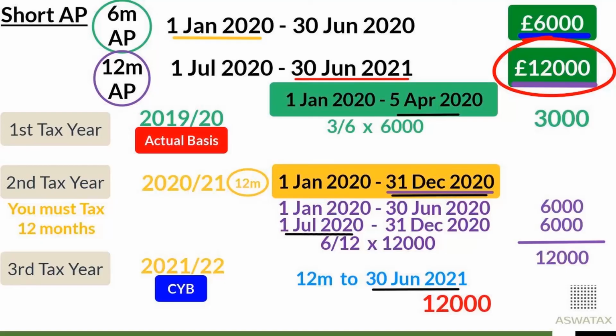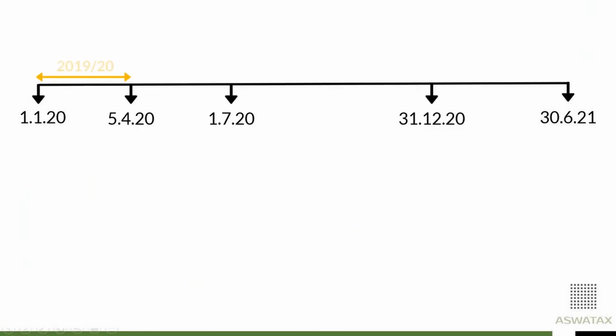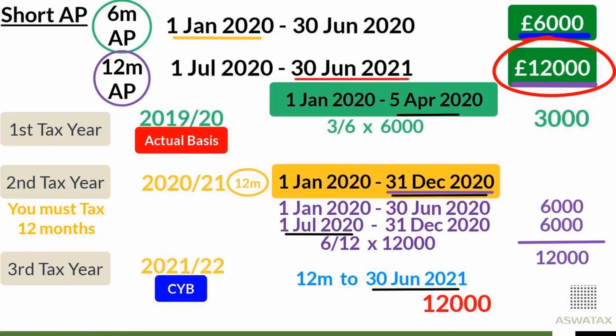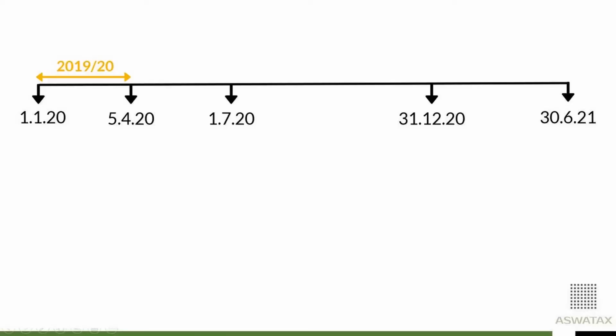The first tax year, we had 1st of Jan to 5th of April 2020 on the actual basis. And this fell in the 1920 tax year. The second tax year, we had from 1st of Jan to 31st December 2020, which was the second tax year 2021.